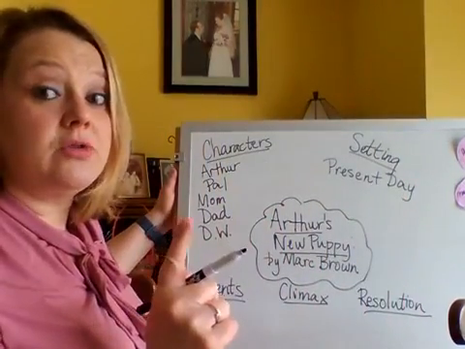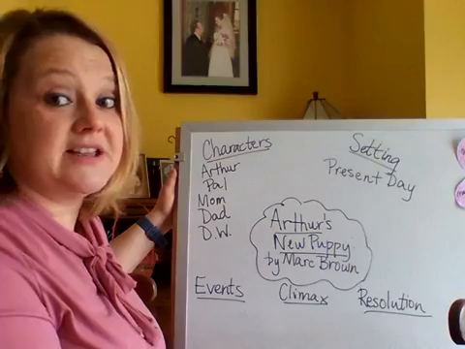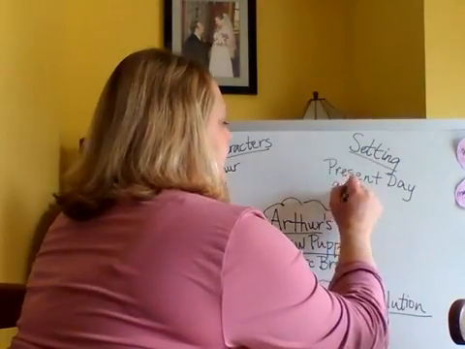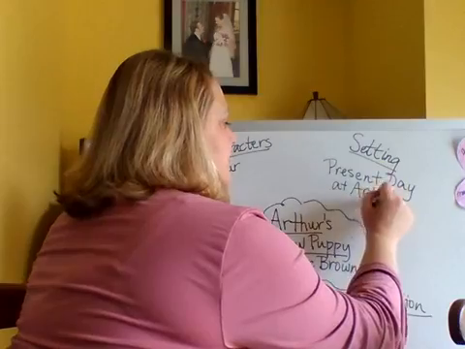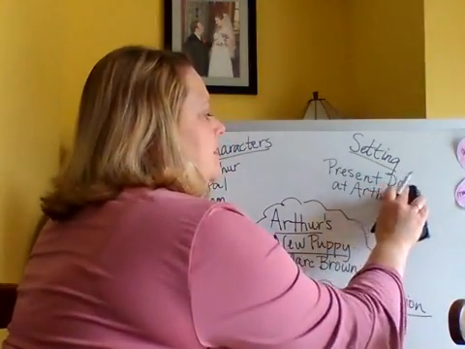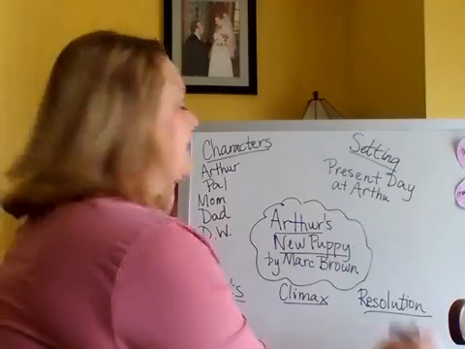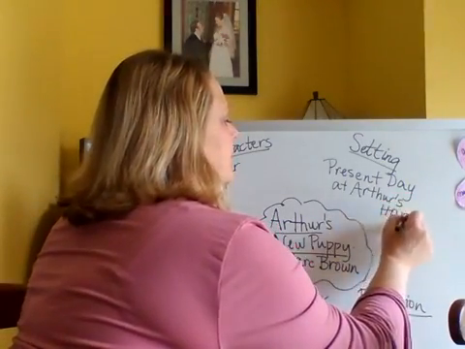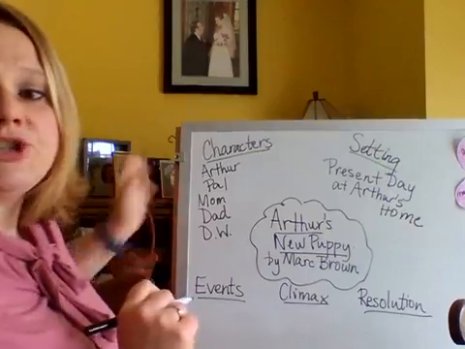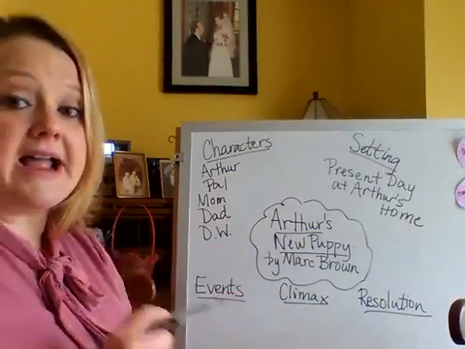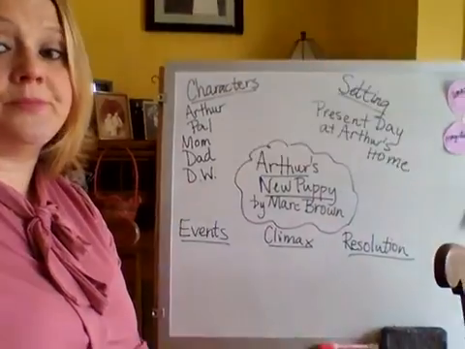But also, the main setting of this is at Arthur's house. Present day at Arthur's, put my apostrophe, at Arthur's home. So there's my setting. So now I could focus on my plot down here.